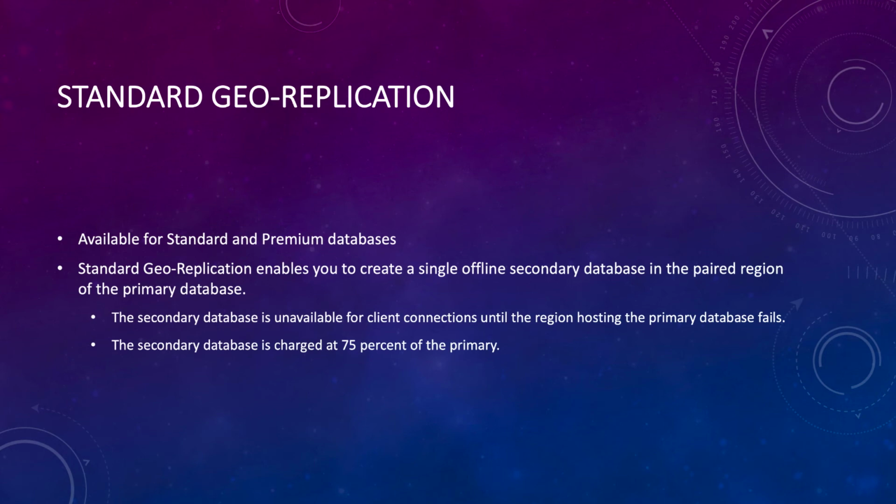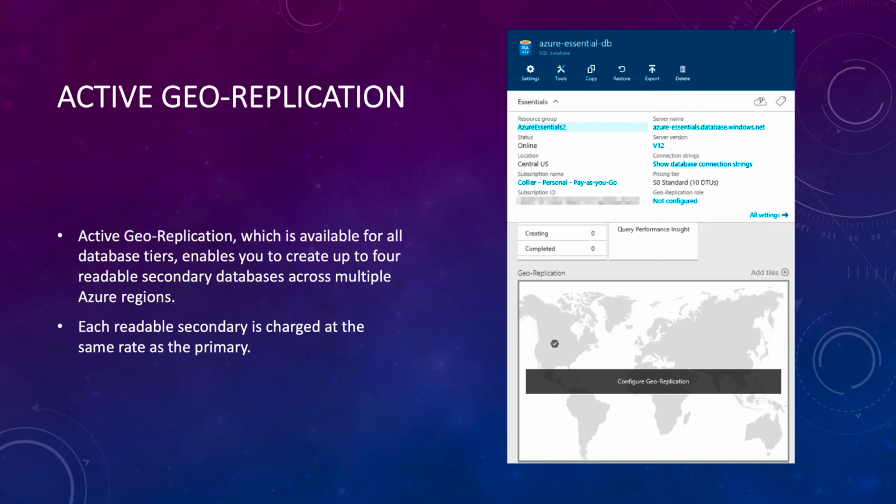So let's move on to the next, which is the active geo-replication. Active geo-replication, which is available for all database tiers, enables you to create up to 4 readable secondary databases across multiple Azure regions. It is up to you to determine when to fail over one of the secondary databases, which is unlike the standard geo-replication that we discussed earlier.